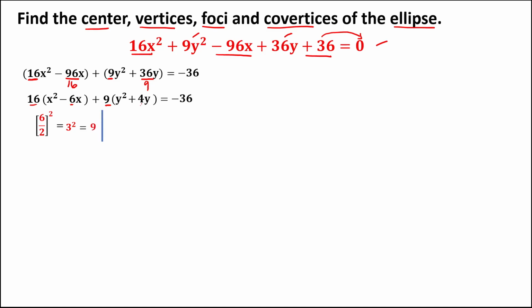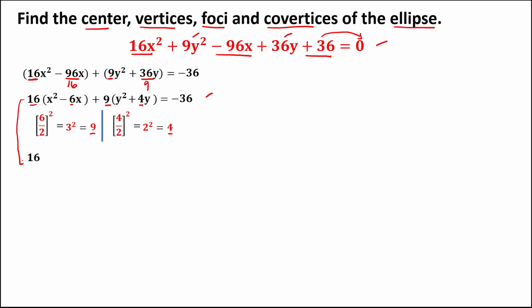Then for y, just take this number: 4 divided by 2 is 2, and 2 squared is equal to 4. Then we need to add these two numbers to the equation.